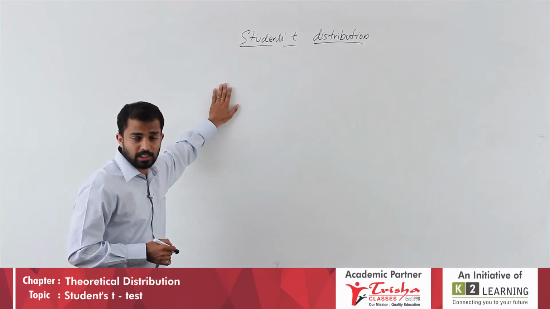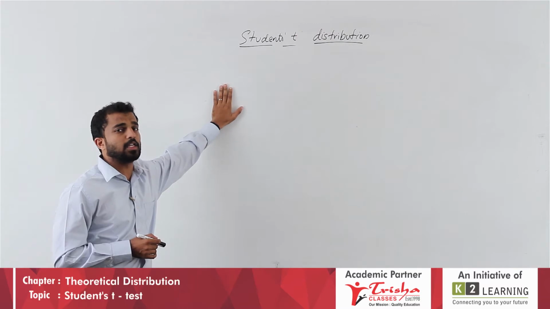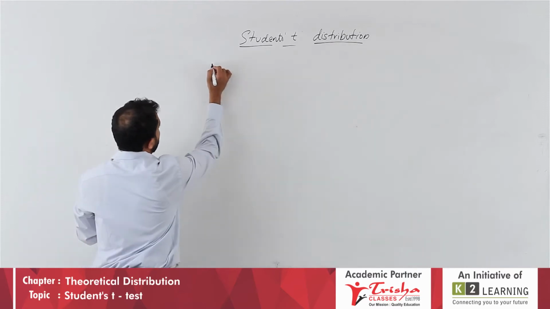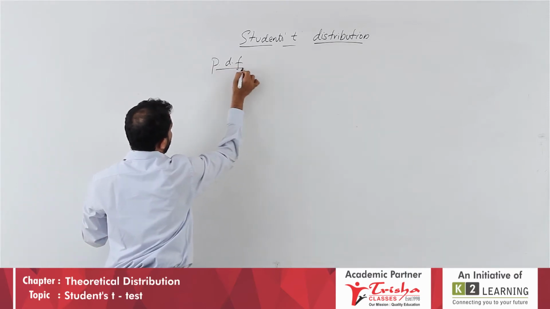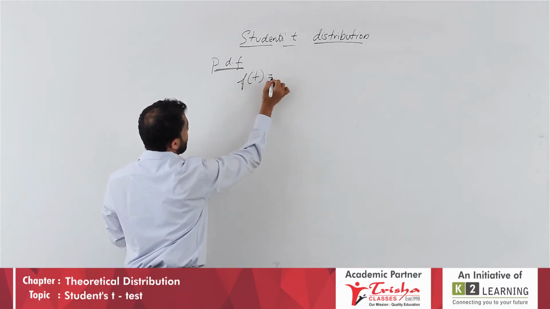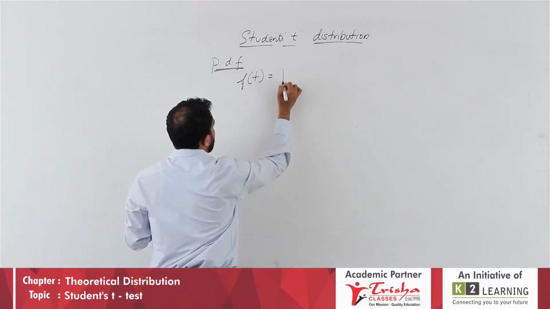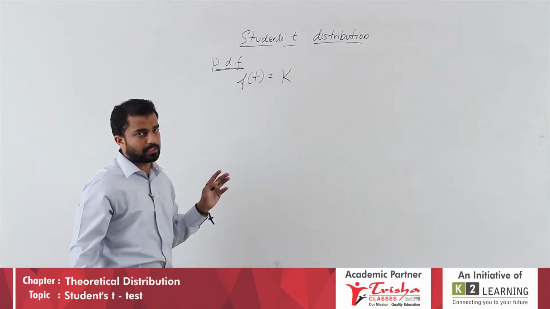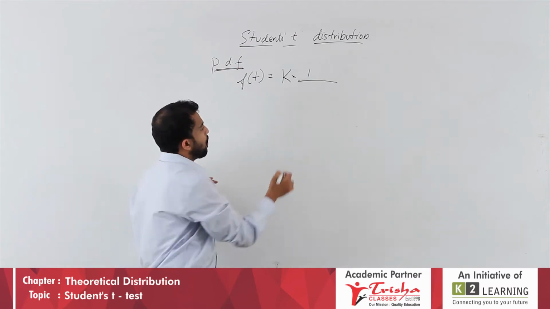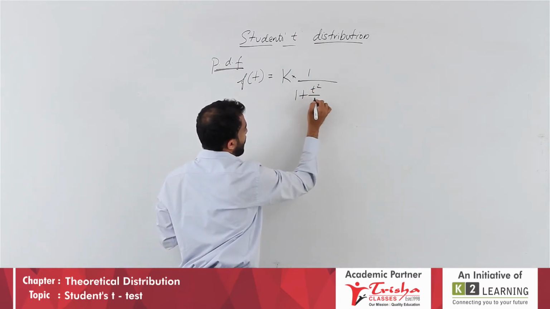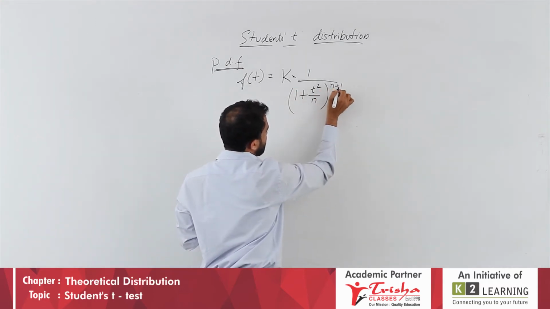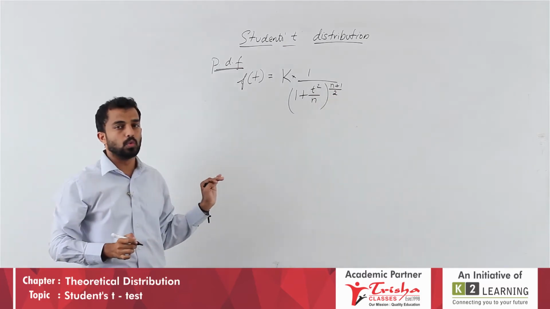Let us get some basics of Student's t distribution. Firstly, this is a continuous probability distribution, and since it is continuous, it has a probability density function, the PDF. We can write it as f(t) = k into 1 divided by (1 + t squared by n), close the bracket, to the power (n + 1) by 2.